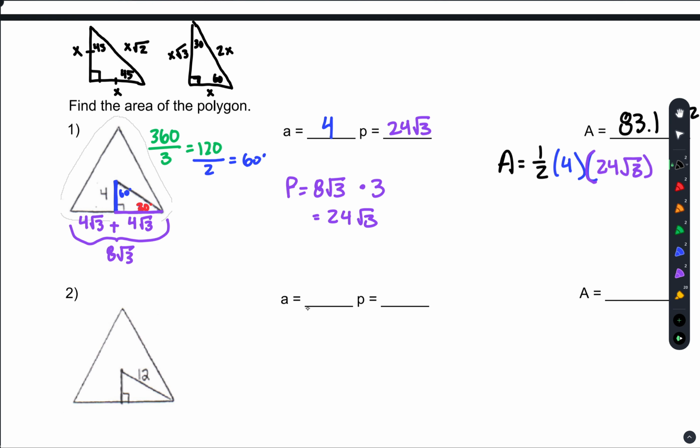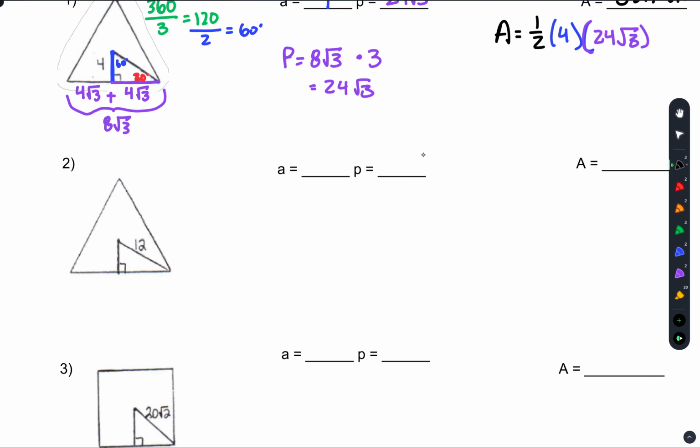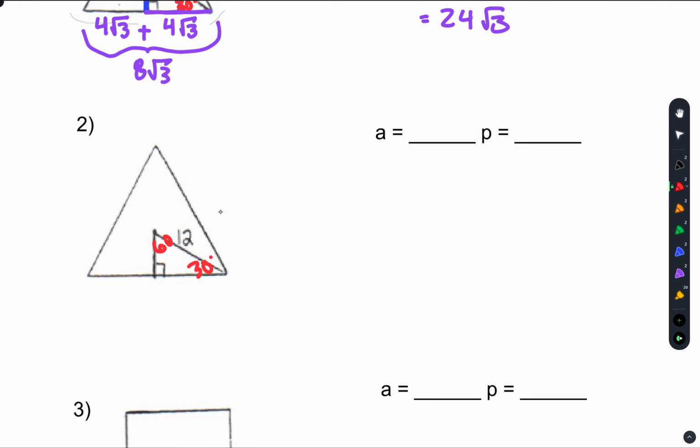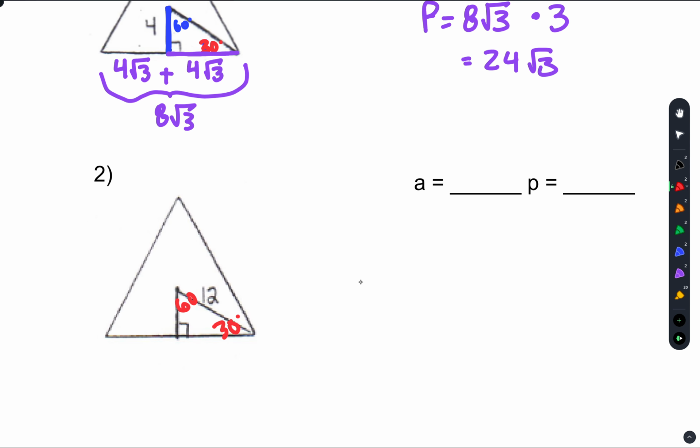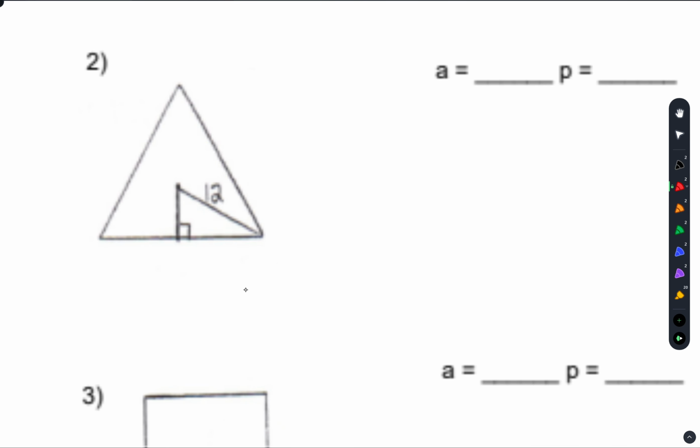So now when I go to another triangle, my shape hasn't changed. That means these angles haven't changed either. This is still a 30, 60, 90, where the 60 is up at the top and the 30 is down in the corner. This time I know my hypotenuse is 12, so I'm going to have to find the short leg first, which is our apothem.